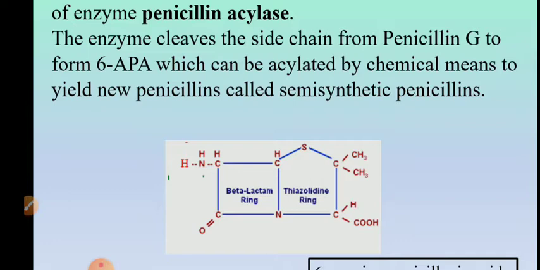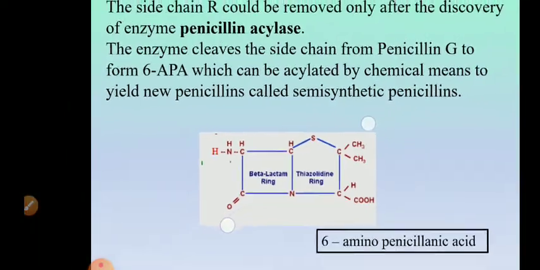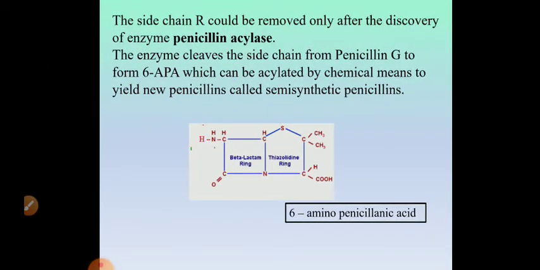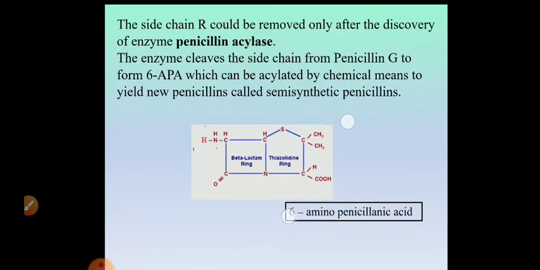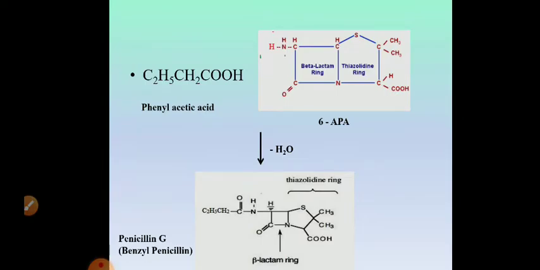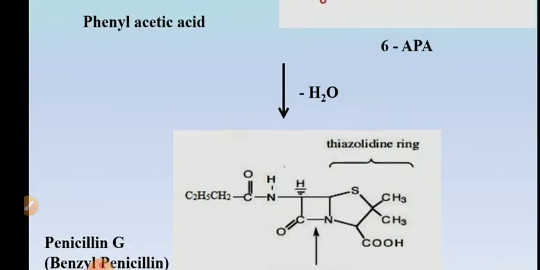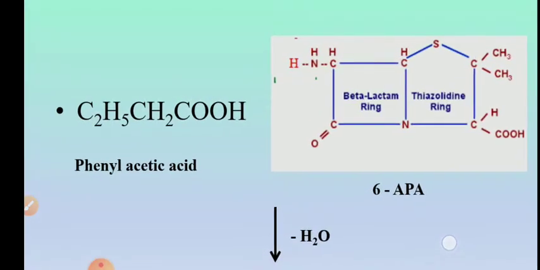So why do we need semisynthetic penicillin? Because the basic penicillin G gives allergic reactions, and the side chain can be removed by treating with the enzyme penicillin acylase, and what you get back is 6-amino penicillanic acid. What happens during penicillin G production?